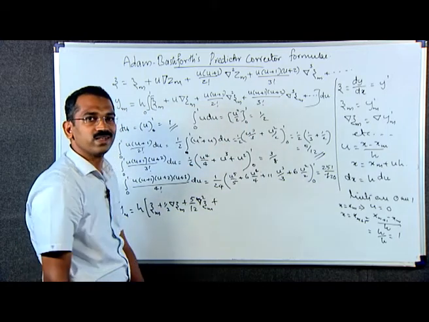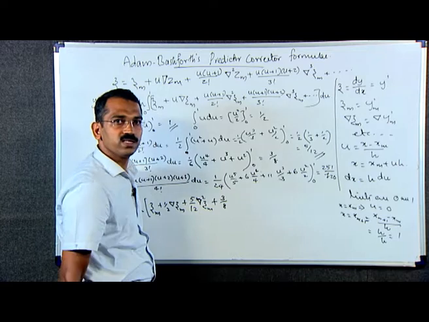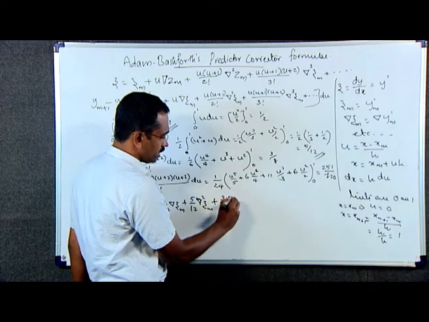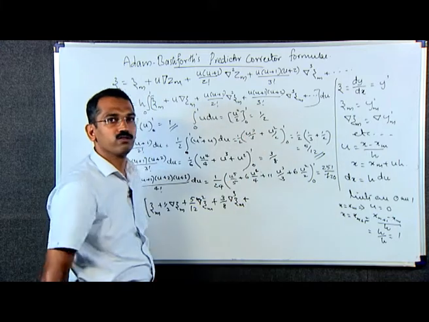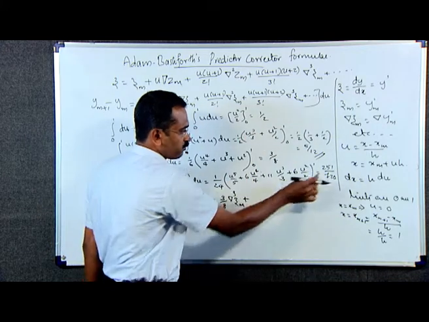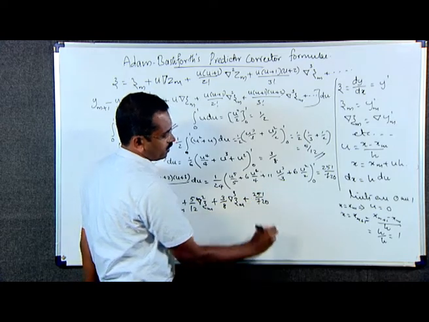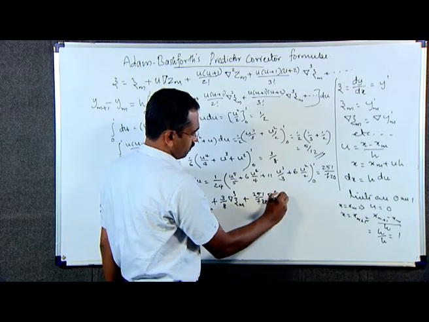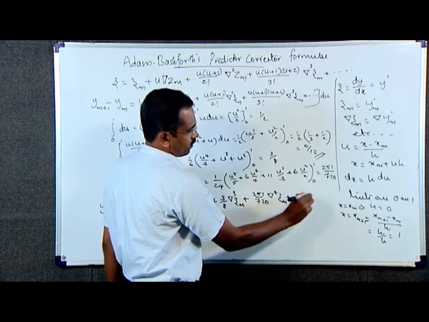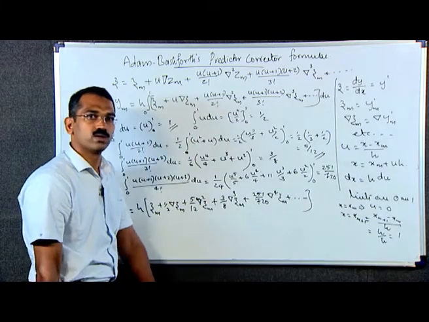Plus the value of the next integral is 3/8, therefore 3/8 into del cube Z_m, plus the value of the next integral is 251 divided by 720 into del raised to 4 Z_m, plus etc., which is common.